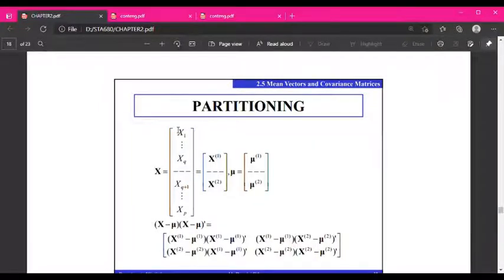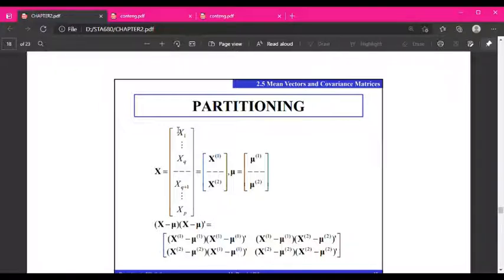Doing the partitioning, it is because some of the variable can be grouped into some of the groups. Okay, subgroup. So usually kita akan partitionkan kepada dua.